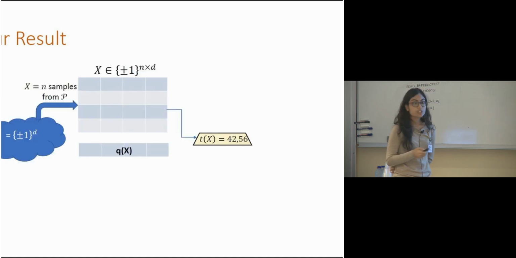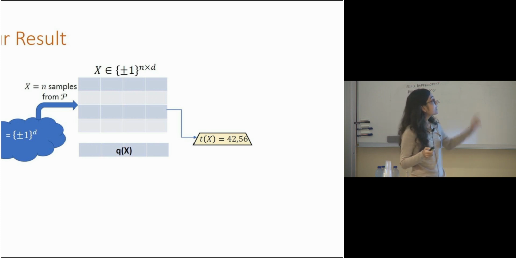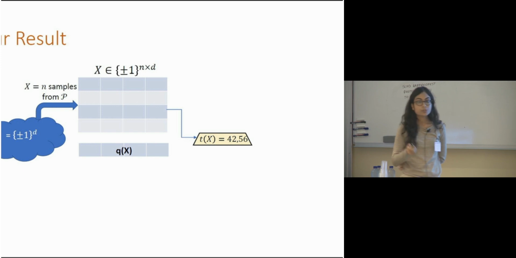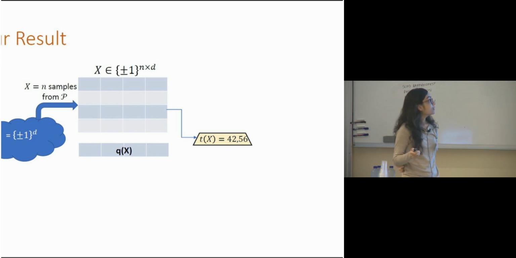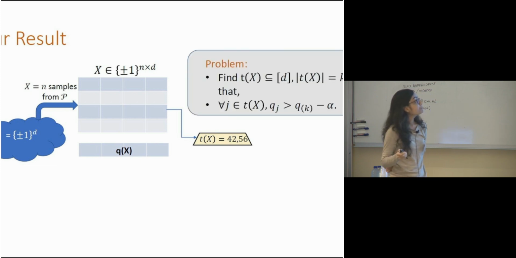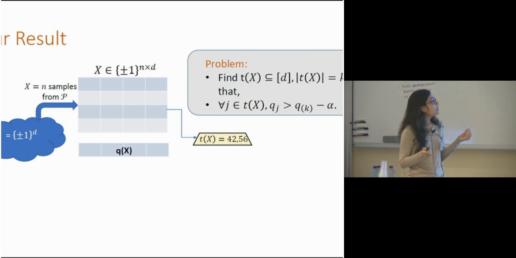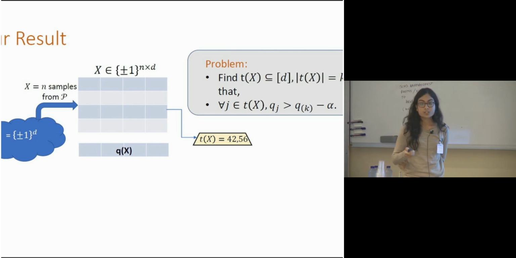You have a population on plus-minus 1 to the D, and your data set is n samples from this population. Q of x is its true mean, and the problem is to release a top-k set T of x such that every coordinate in T of x differs from the actual top-k mean by at most alpha.